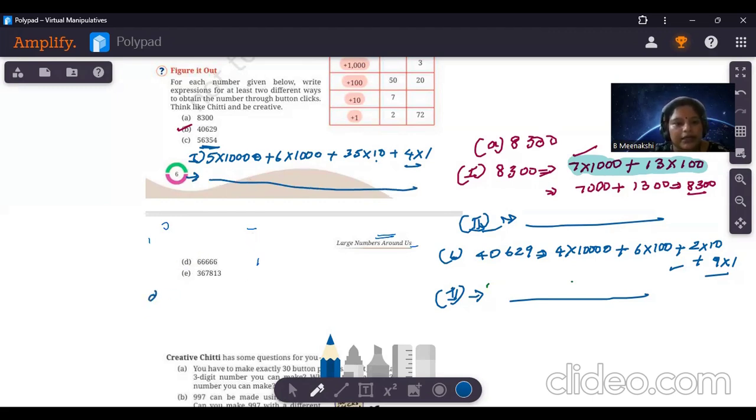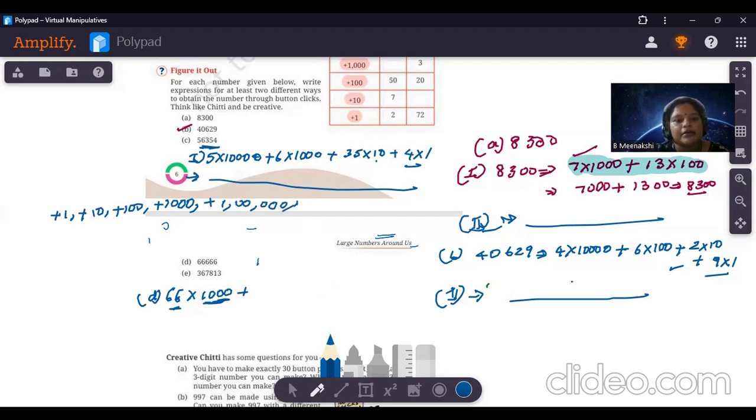Now let me go for the D part. 66,660. So what I can do over here, 66 I can press 1000 times. I mean 1000 I can press 66 times. Because the calculator has only plus 1, plus 10, plus 100, plus 1000, plus 10,000, plus 1 lakh and plus 10 lakh, it is our discretion.